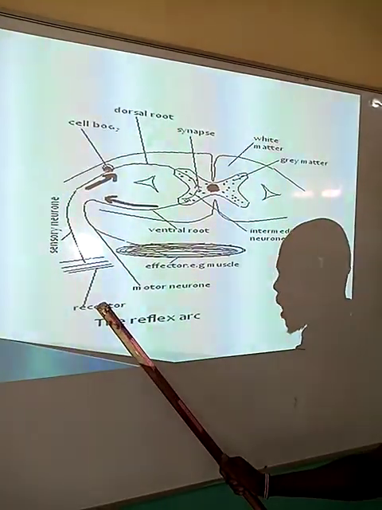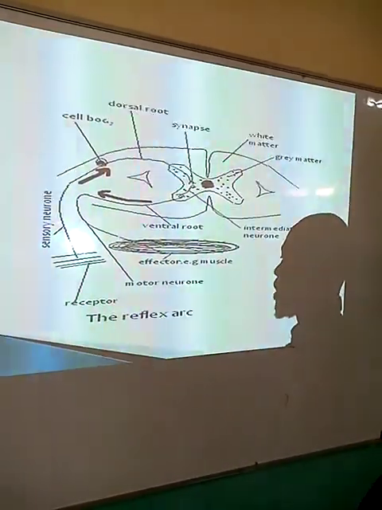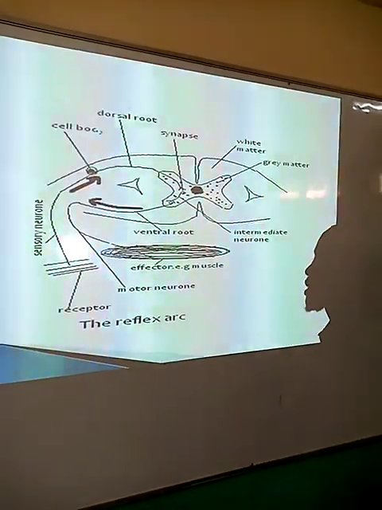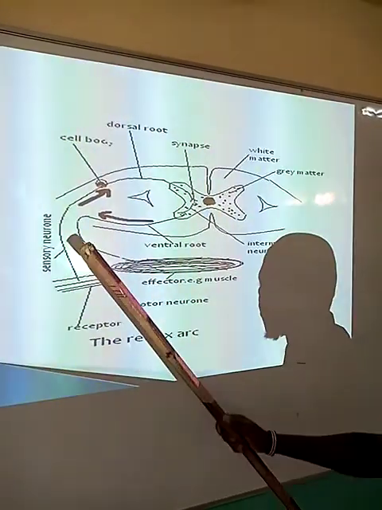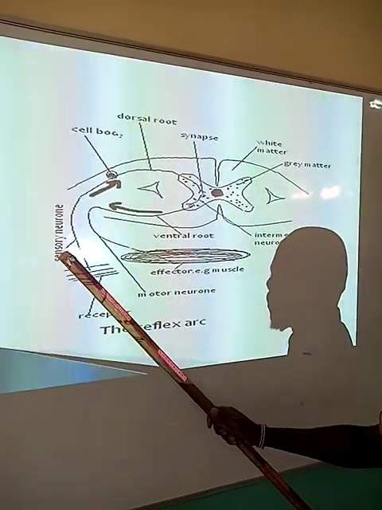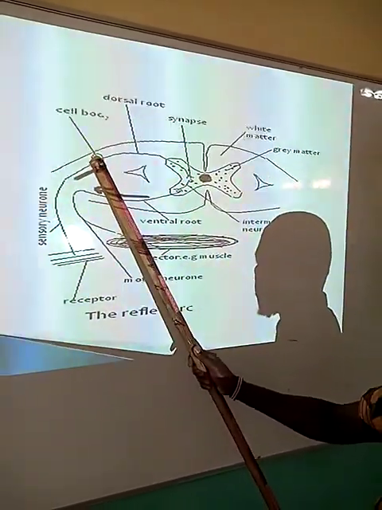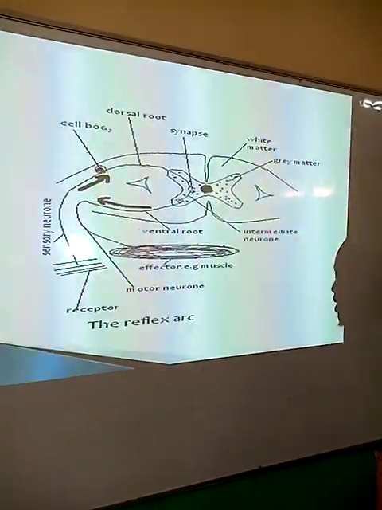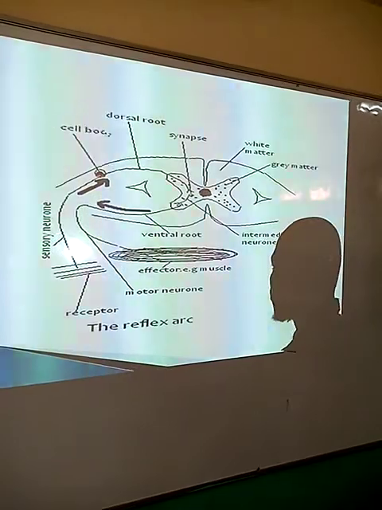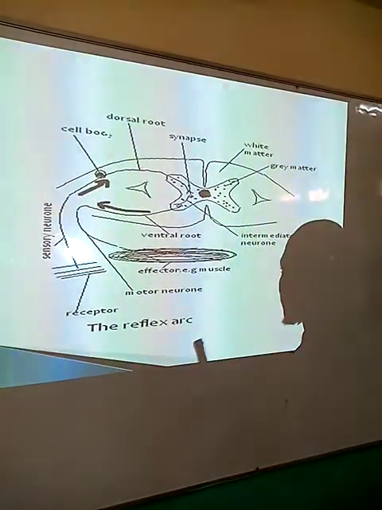When the sensory neuron located at the receptor organ is triggered, the information from the sensory neuron, within the cell body there, will be sent to the spinal cord. And in the spinal cord, we have what we call the central nervous system.